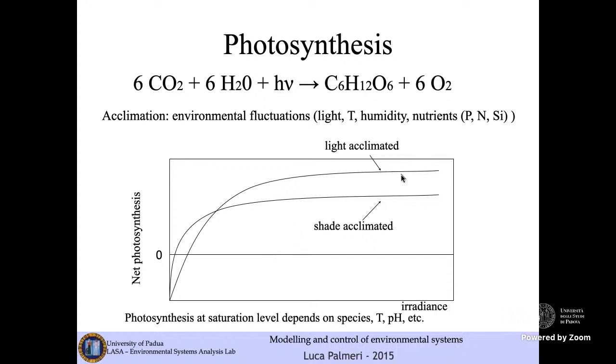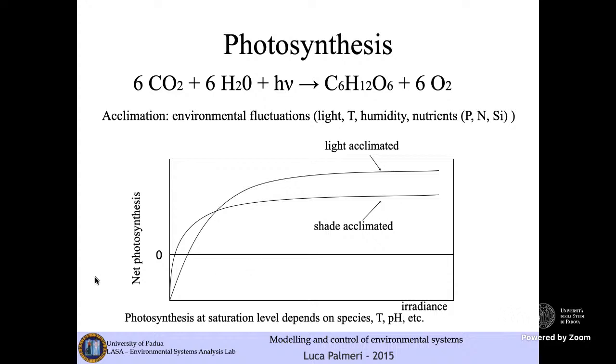The light acclimated photosynthetic machinery, which are machinery that are most productive in high light, strong light conditions, or there are shade acclimated photosynthetic machineries for which the saturation value of net photosynthesis is lower. This means that the shade acclimated machinery is able to perform photosynthesis even in conditions of low light irradiation.